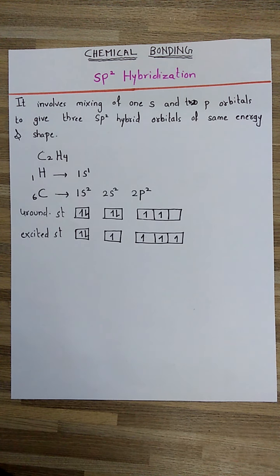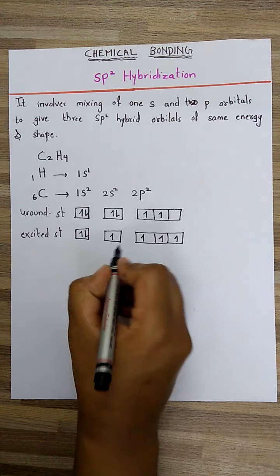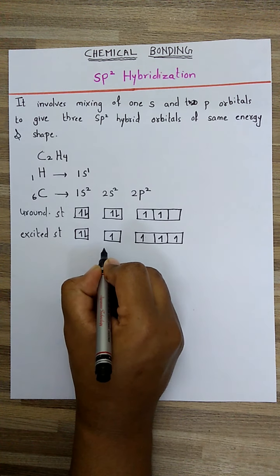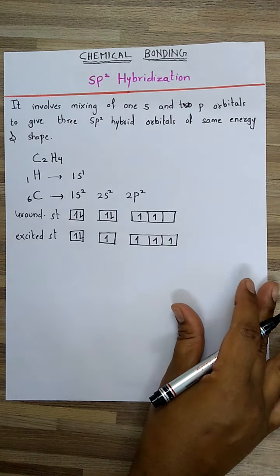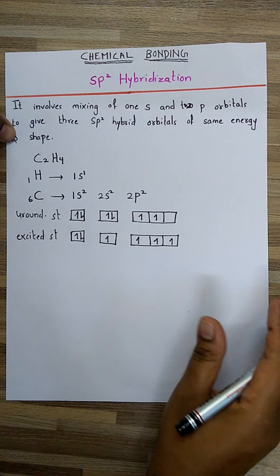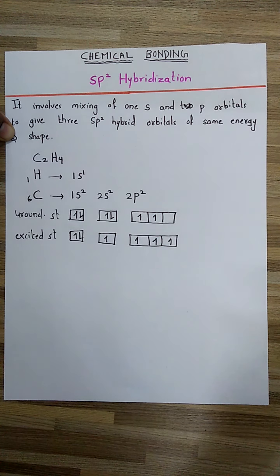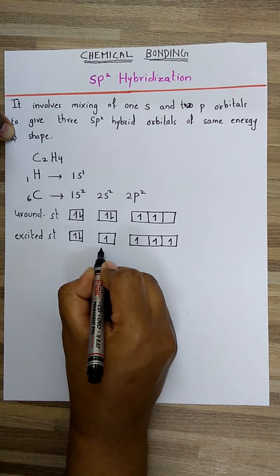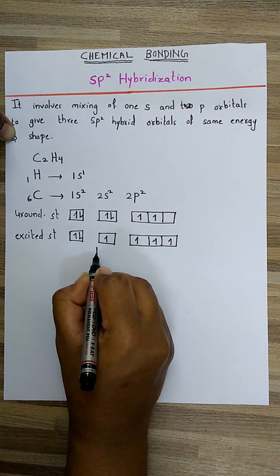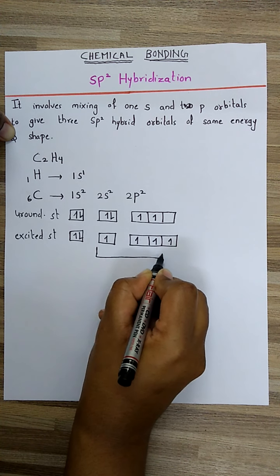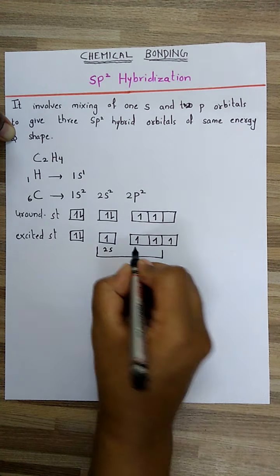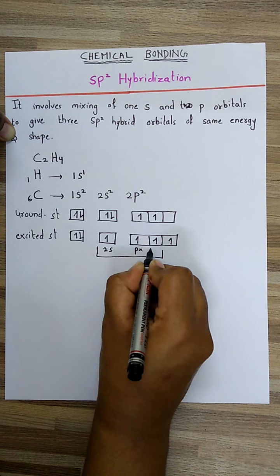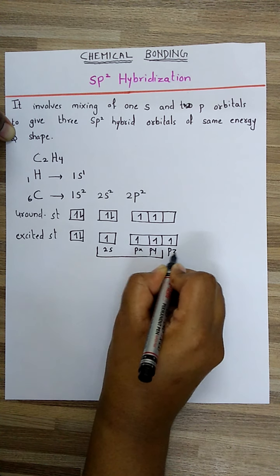Now in the case of ethene, what happens? One 2s orbital and two 2p orbitals undergo mixing and recasting and will form hybrid orbitals. This is your s orbital, and this is your px, py and pz.